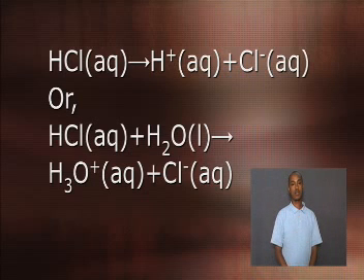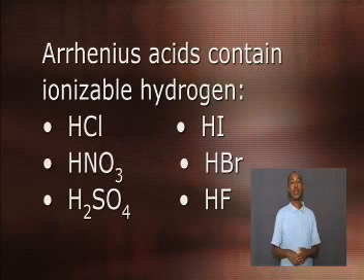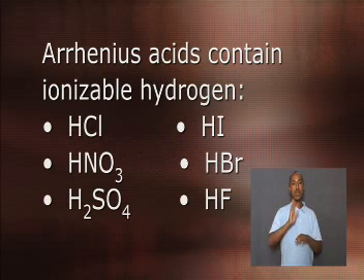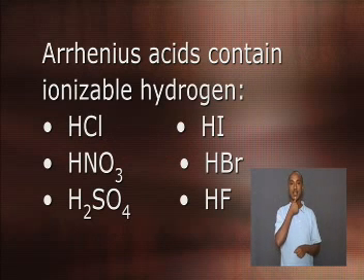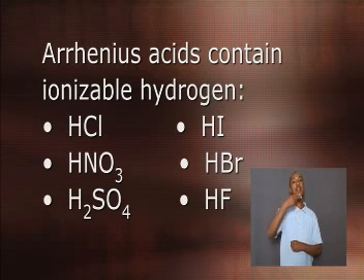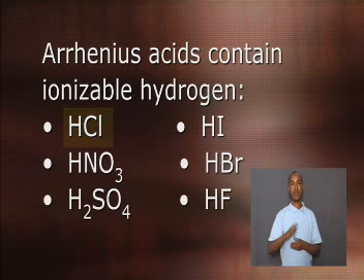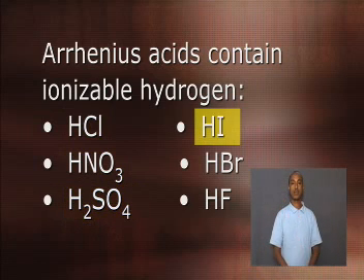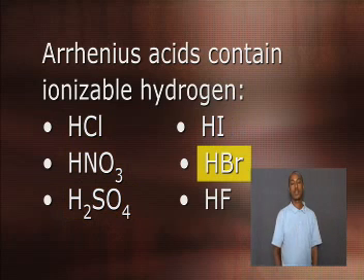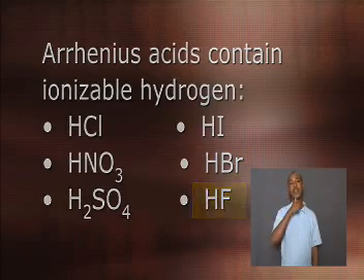When reacted with water, hydrochloric acid releases hydronium and chloride ion. In order for a substance to be called an Arrhenius acid, it should contain ionizable hydrogen. Some examples include hydrochloric acid, nitric acid, sulfuric acid, hydroiodic acid, hydrobromic acid, and hydrofluoric acid.